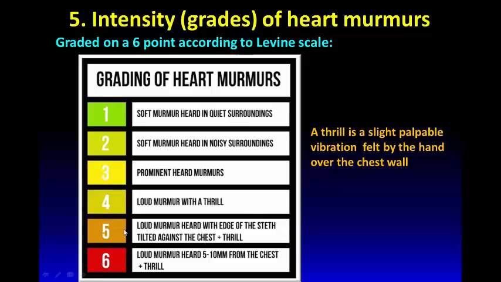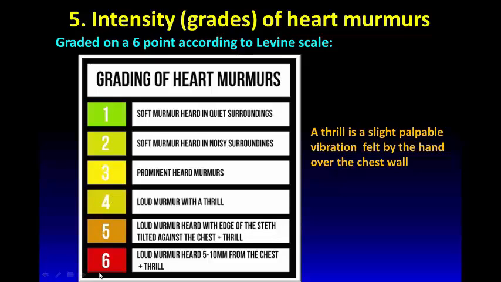Grade 5 over 6 murmurs are loud murmurs which are heard with the edge of the stethoscope tilted against the chest wall, and they are associated also with thrills, because grade 5 murmurs are even louder than grade 4 murmurs.